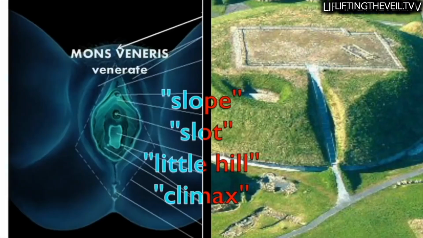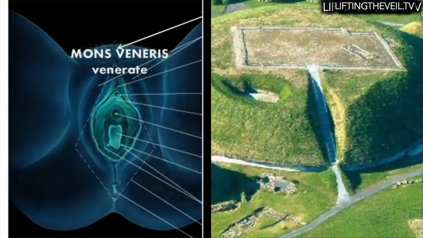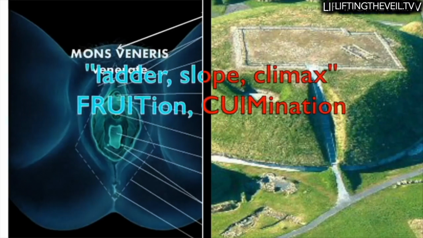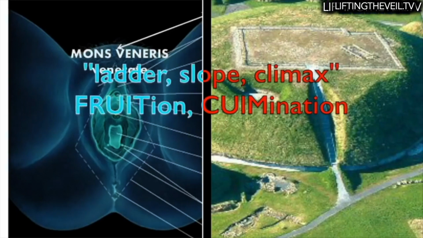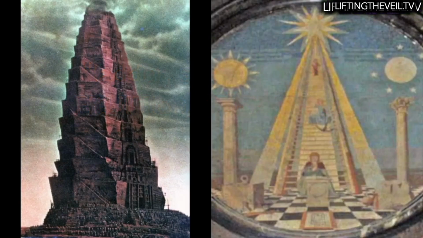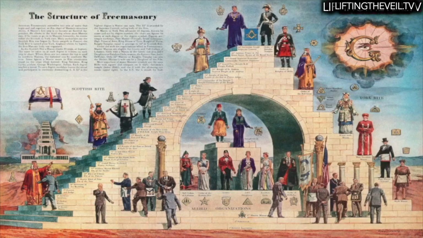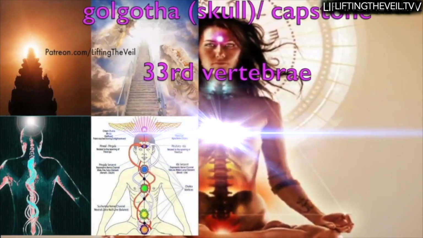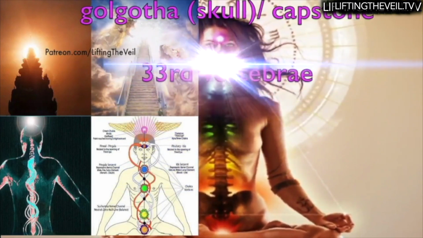So this brings us to climax. Climax comes from Greek klimax, literally ladder, from the root of klinein, to slope, which is the same root of clitoris. A series of steps by which a goal is achieved, escalating steps. The high point of intensity or development. So again, the steps, the ascension, the ladder to heaven.